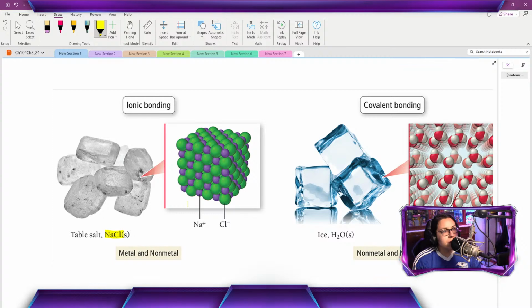Comparing the structures, salts tend to be very brittle, and that's because of their crystal lattice structure, with these repeating units that have opposite charges all surrounding them. So when they break, think of table salt, or those salt lamps. If they break, they're going to shatter.